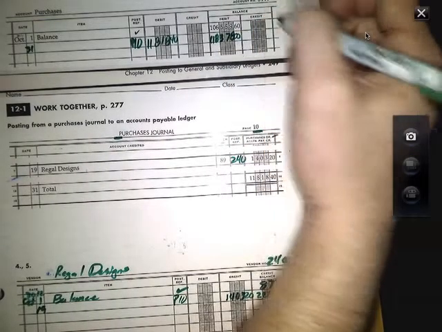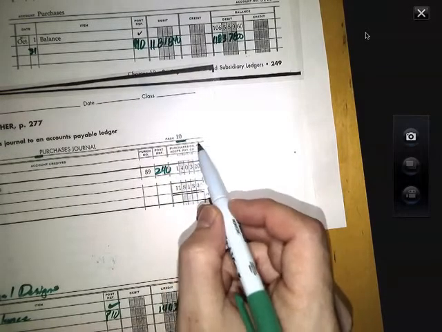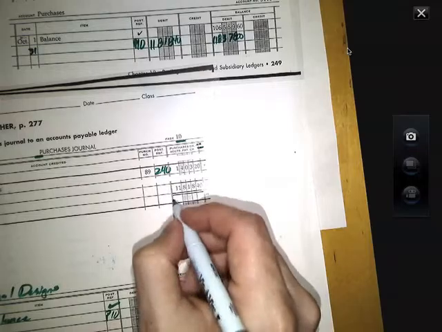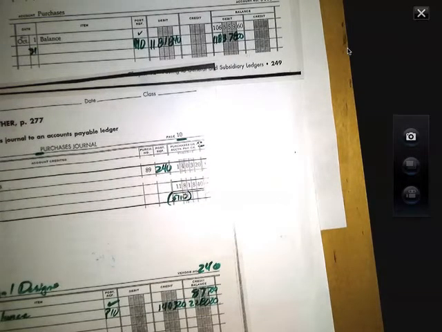Now 5110. This column is debited and credited, it's the same thing. So we go 5110. And now we've got to do accounts payable credit. So we've got to find accounts payable.